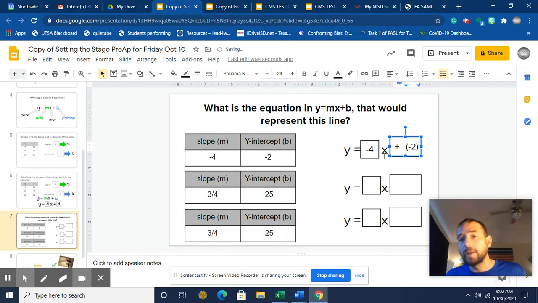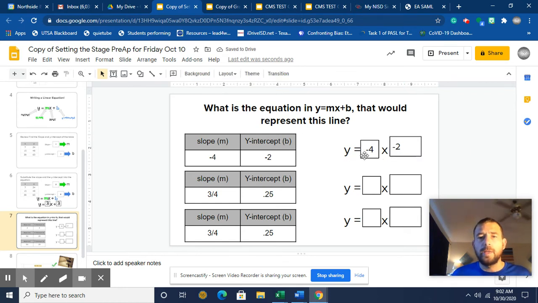That is not incorrect. You won't see it written that way. We will not, so that's not an incorrect way, but that's not how we're going to write them. So how we're going to write them, when it's a negative, I'm literally just going to write -2. So my equation here is y equals -4x minus 2. I don't need to write plus -2. I'm just going to write what I see as the y-intercept.